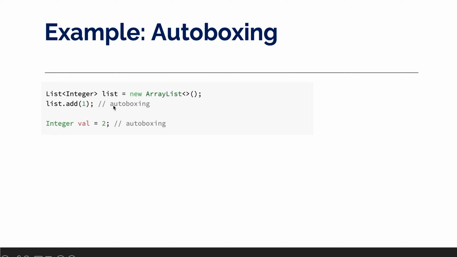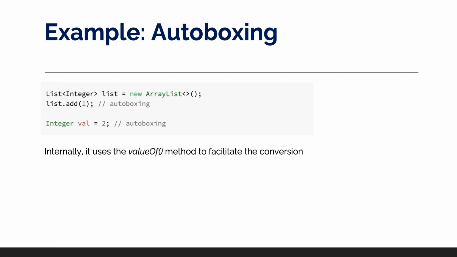Similar to that, let's say we have created some wrapper class called Integer, and inside that if you want to provide any primitive type value, that is also valid, because Java internally will call some methods and do this autoboxing. So here internally it uses the valueOf method to facilitate the conversion. So the same piece of code can be related to something like this.